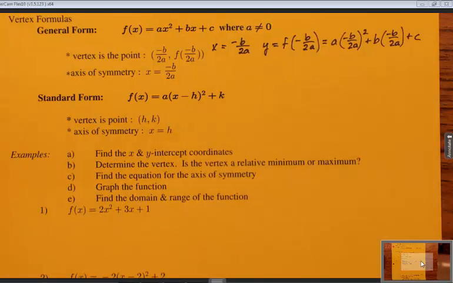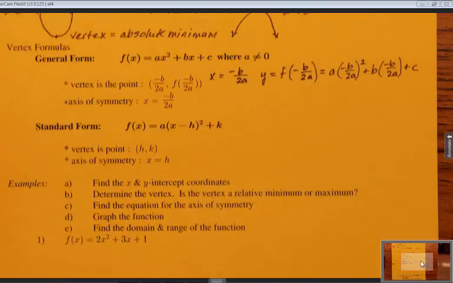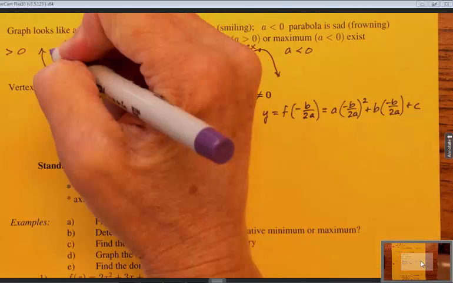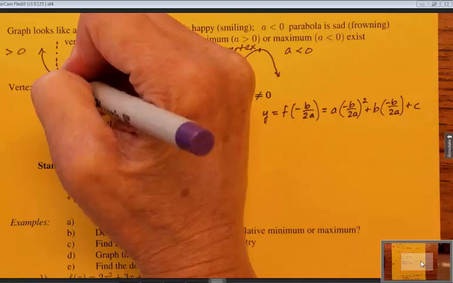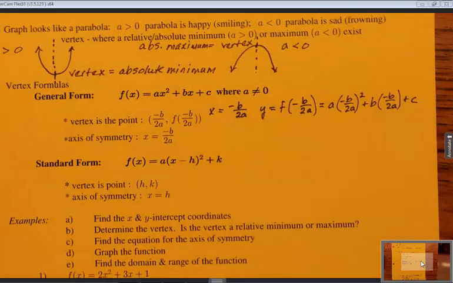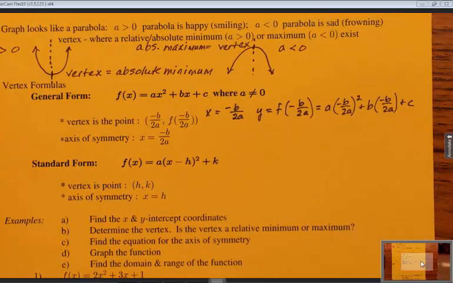So it would be a times negative b over 2a quantity squared plus b times negative b over 2a plus c. The axis of symmetry, when we're talking about parabolas, is the vertical line that goes through the parabola and also goes through the vertex. So this is your axis of symmetry. It goes through the vertex of your parabola, and the parabola is symmetrical about that line. So it's the equation of a vertical line.